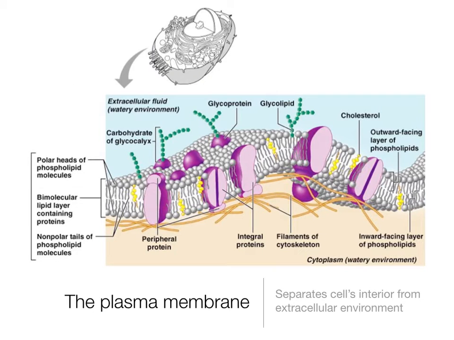If we have a closer look at cells, first of all, it is very easy to tell a cell apart from non-cellular material because the cell is surrounded by a plasma membrane.